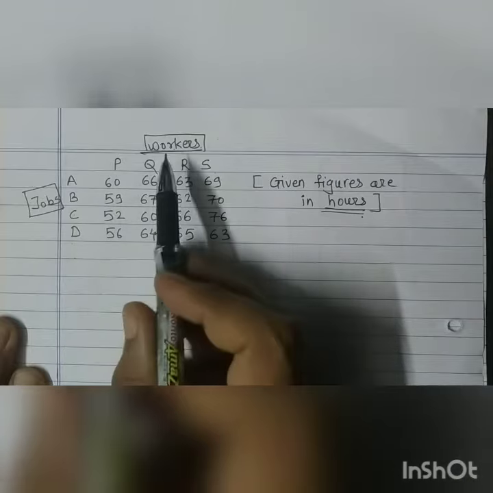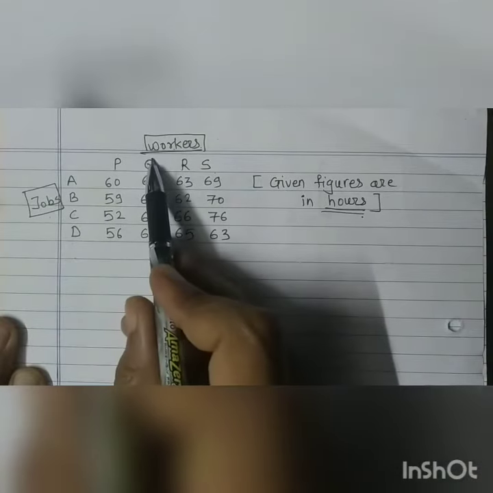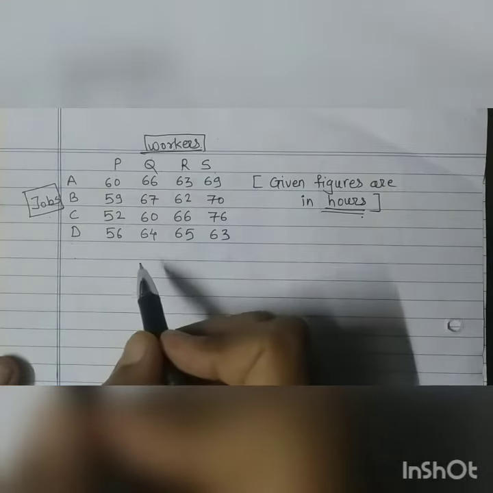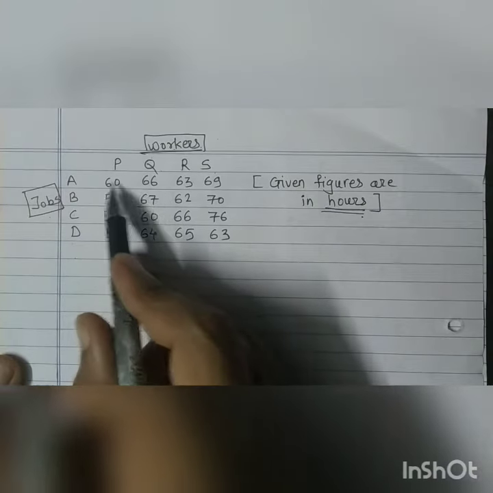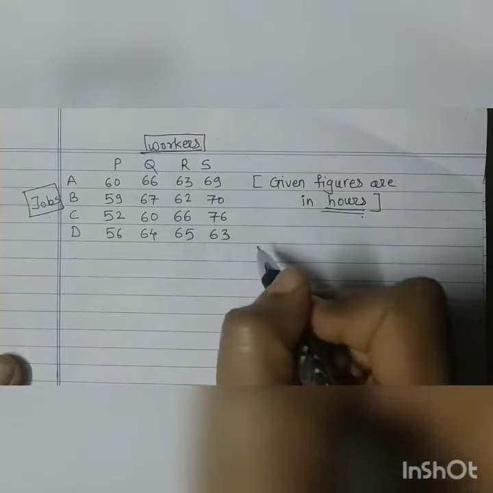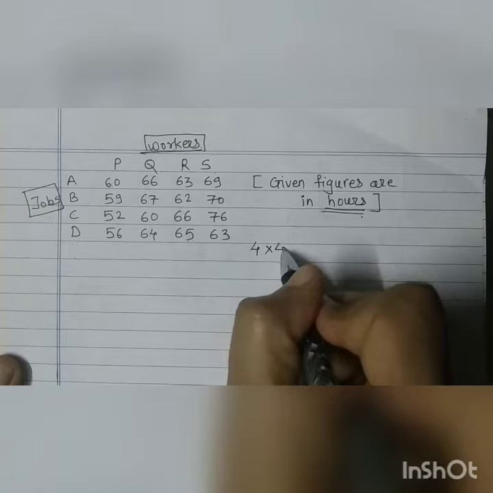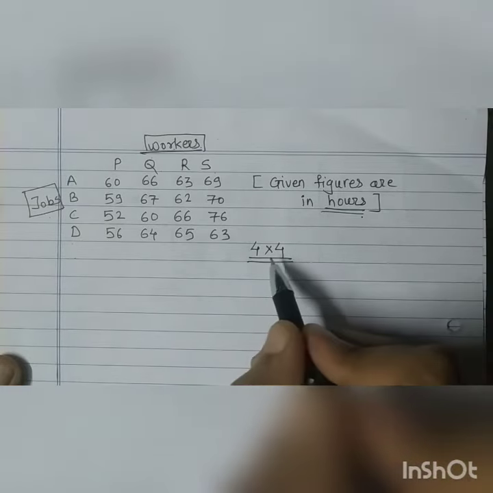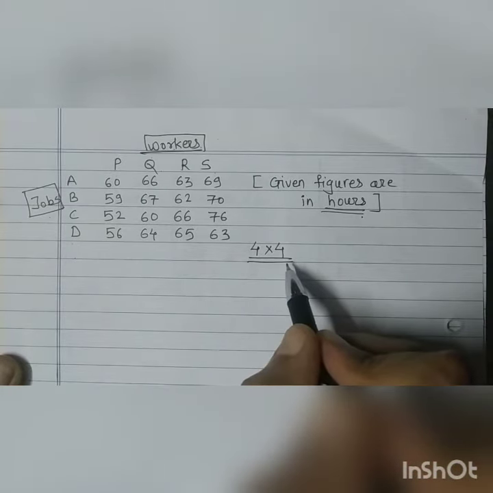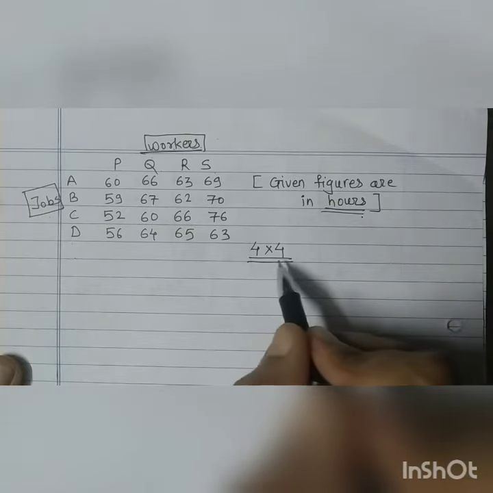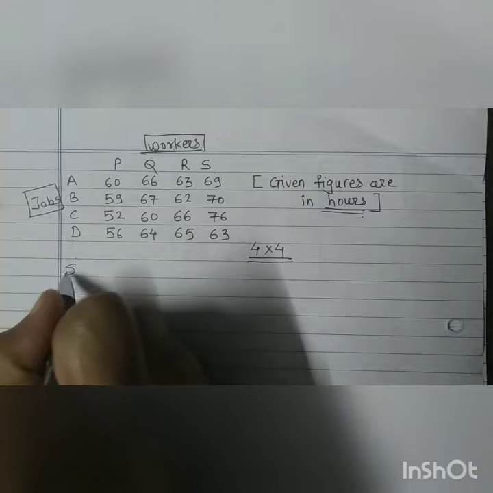So we have to assign various jobs to various workers. The first step is to see how many rows and how many columns there are. As there are 4 rows and 4 columns, this is a square matrix. Now we will directly solve the problem.